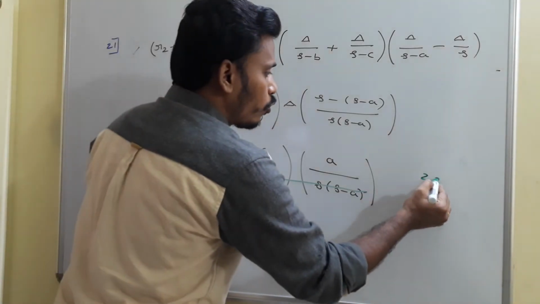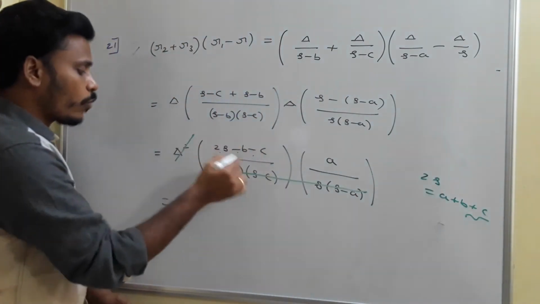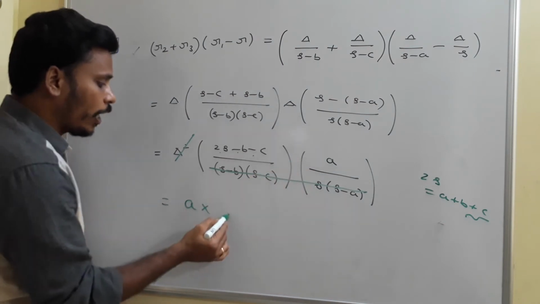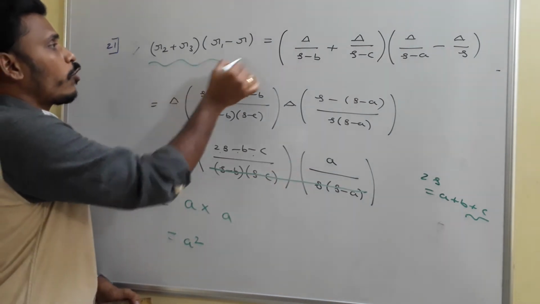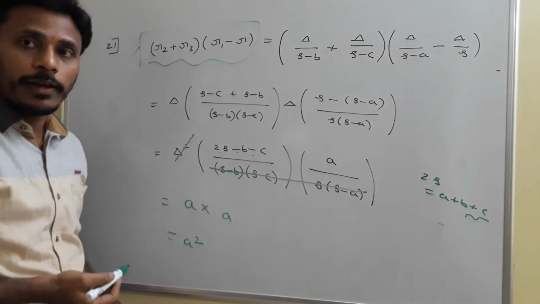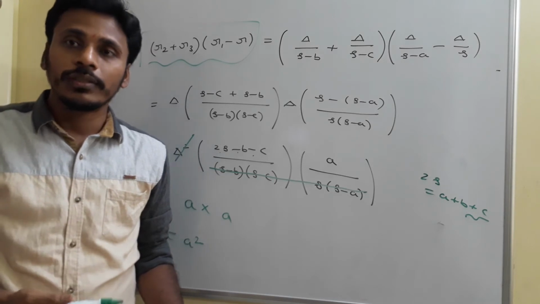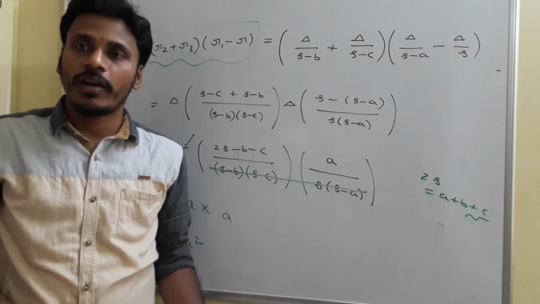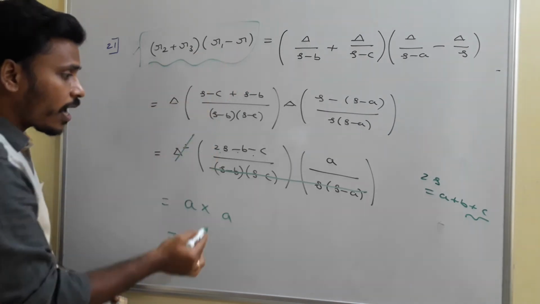We know that 2S is equal to a plus b plus c. If you send b plus c to that side, this value is a, into that value a, which is equal to a square. So if you have r1, r2, r3 with you, then it is easy to find the sides of the triangle. So r2 plus r3 into r1 minus r is a square.